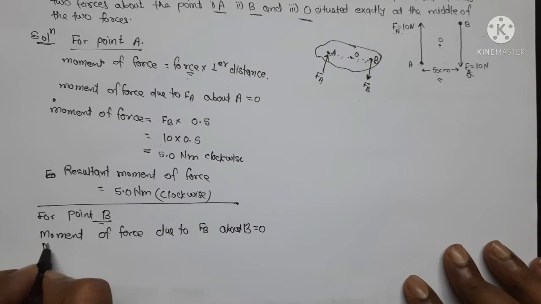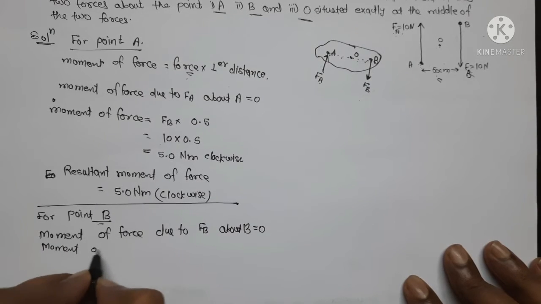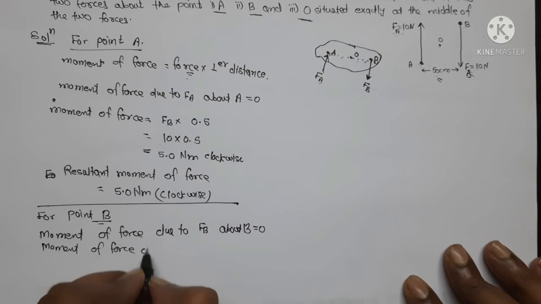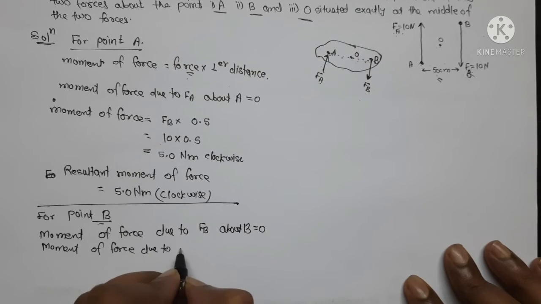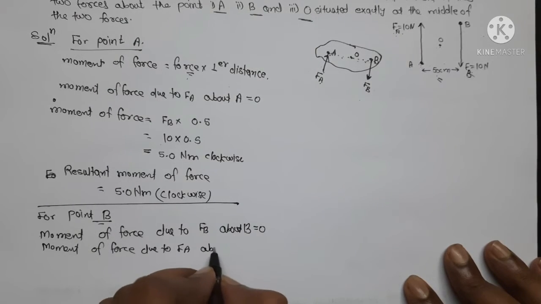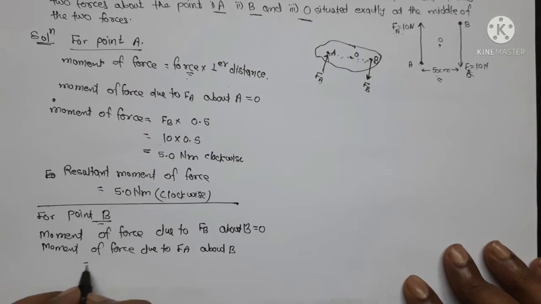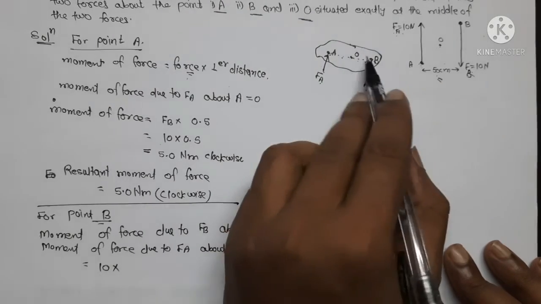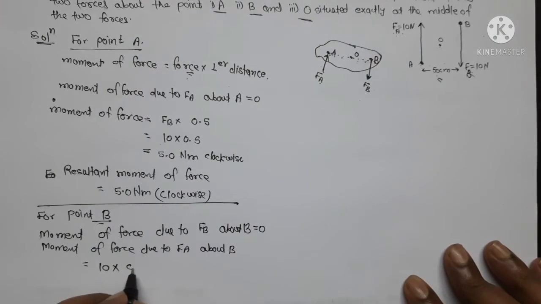And the moment of force due to FA, this is the second force, about B will be what? Force into distance. So force is 10 Newton and distance is this one again, 0.5 meters.